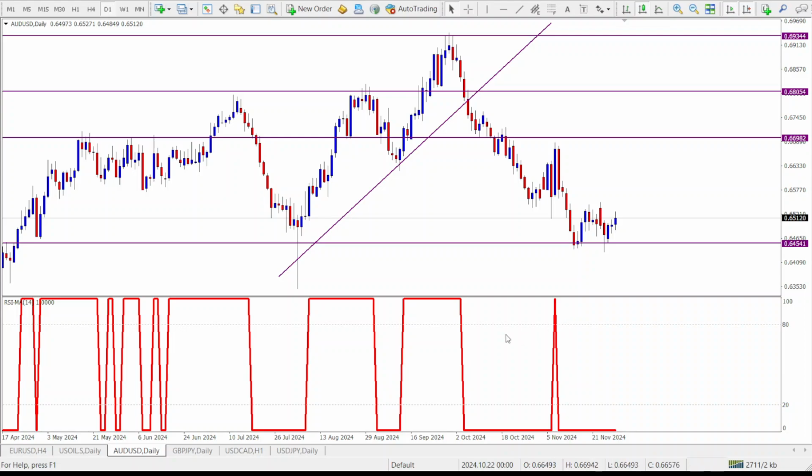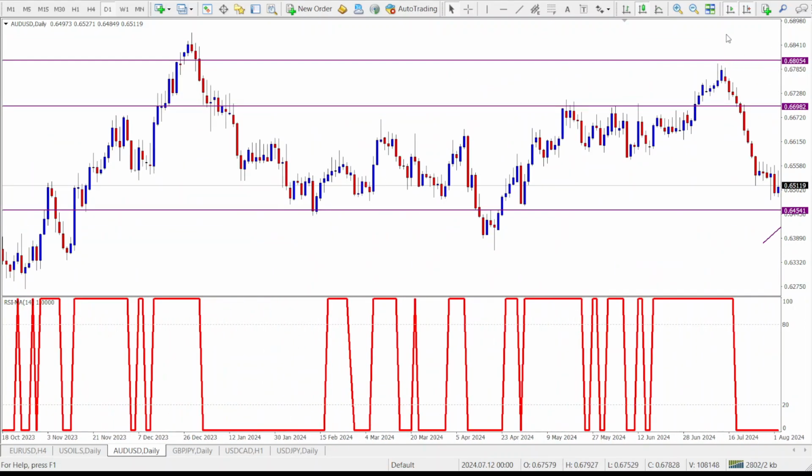For example, if you get a sell signal and that sell signal coincides with a resistance zone, it adds a layer of confidence. It increases the chances of success for that signal. And same with a buy signal. Whenever you get a buy signal around the support zone, it increases the chances of success for that buy signal.